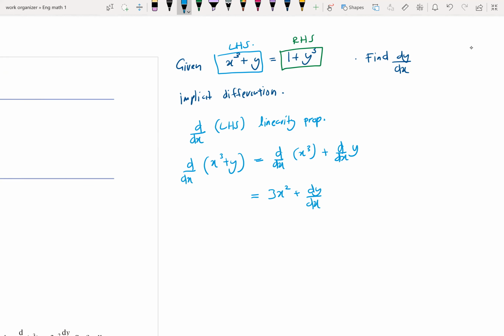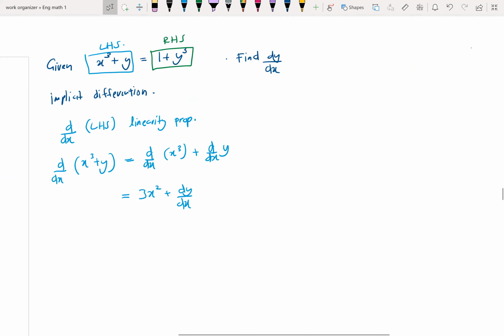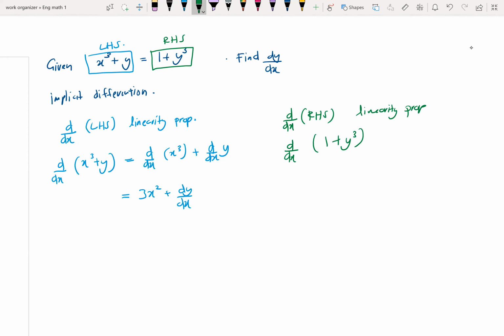For the right hand side, same, we differentiate over x, using linearity properties: d dx of 1 plus y to the power of 3.